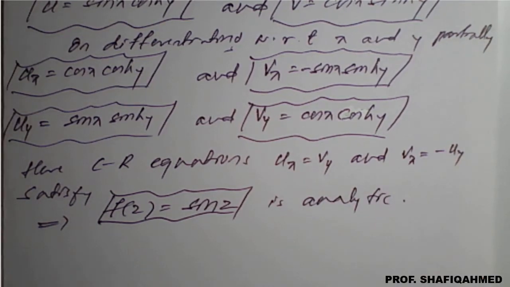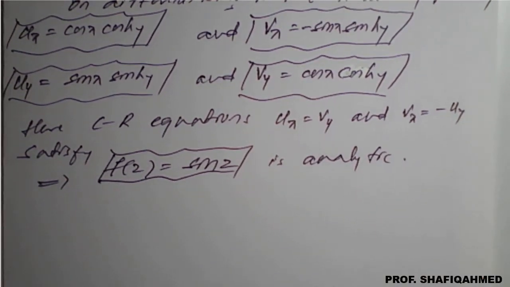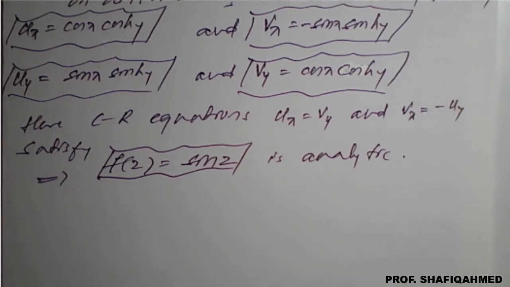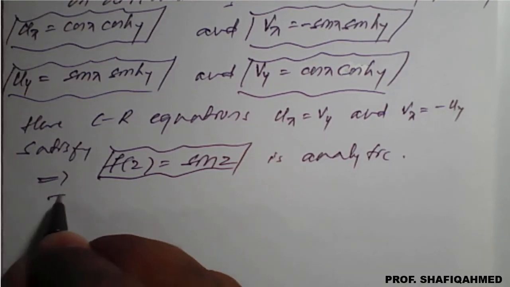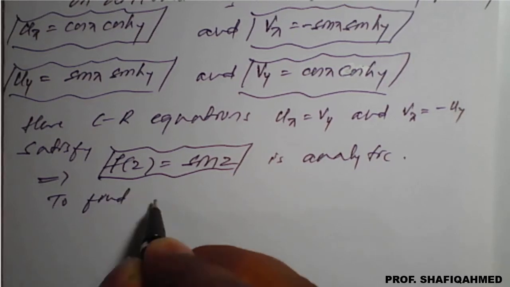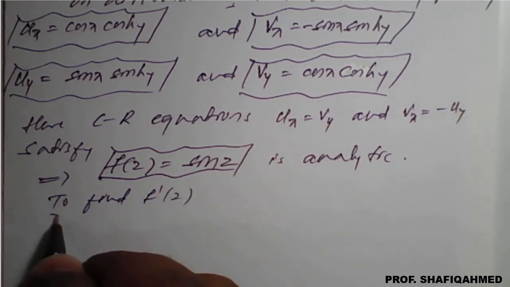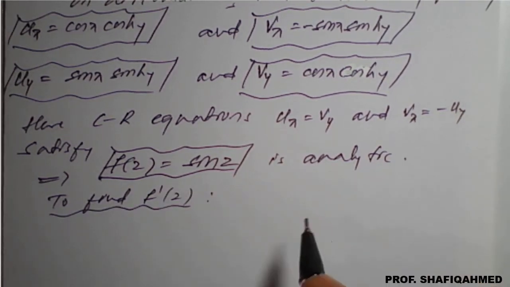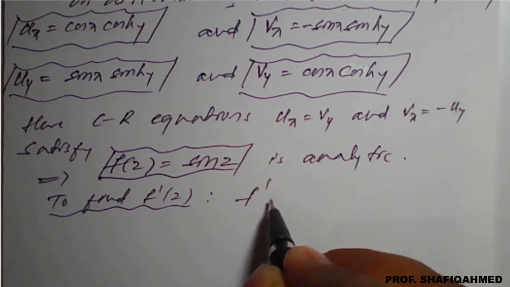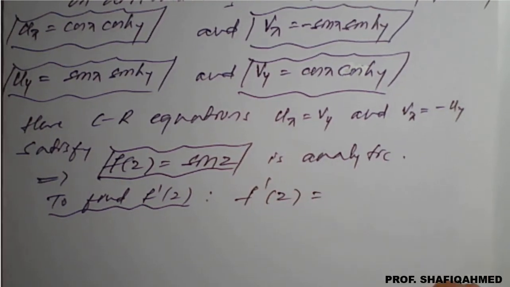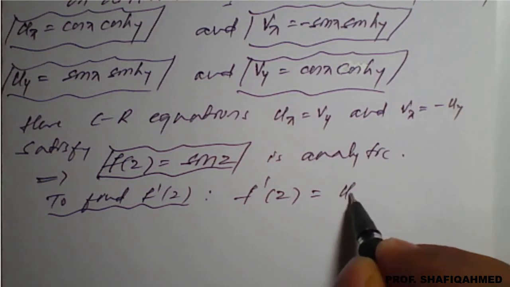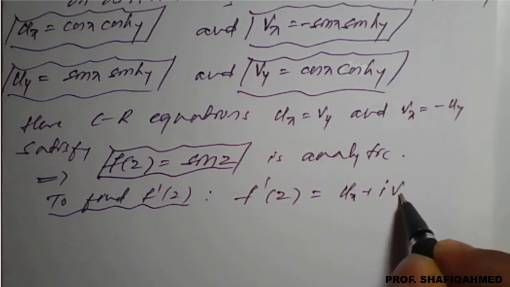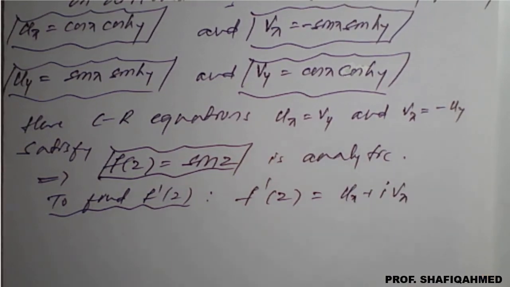If it is analytic, we can go for its derivative, because they have asked us to find a derivative. So to find f dash of z, it is Cartesian form, so we need to use the formula f dash of z is equal to ux plus I times vx.